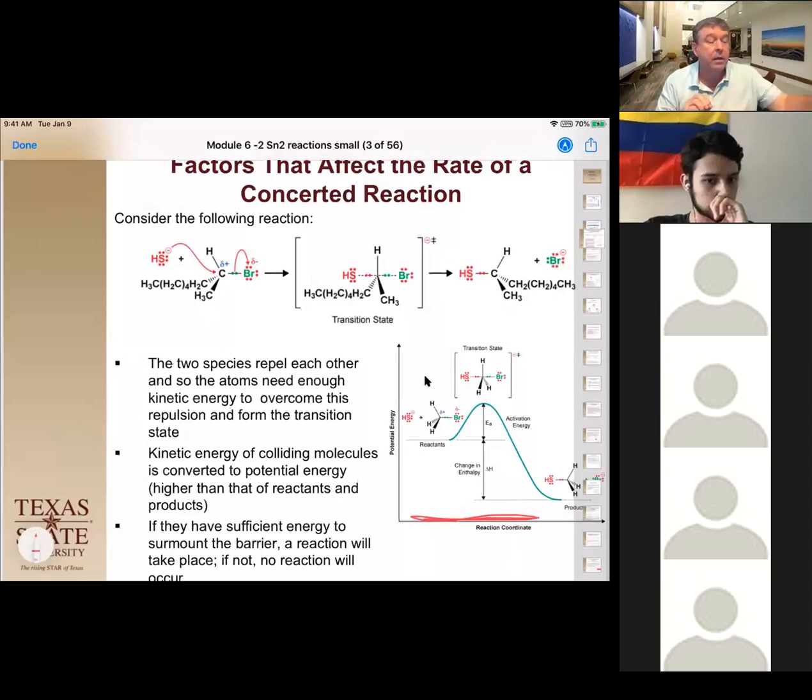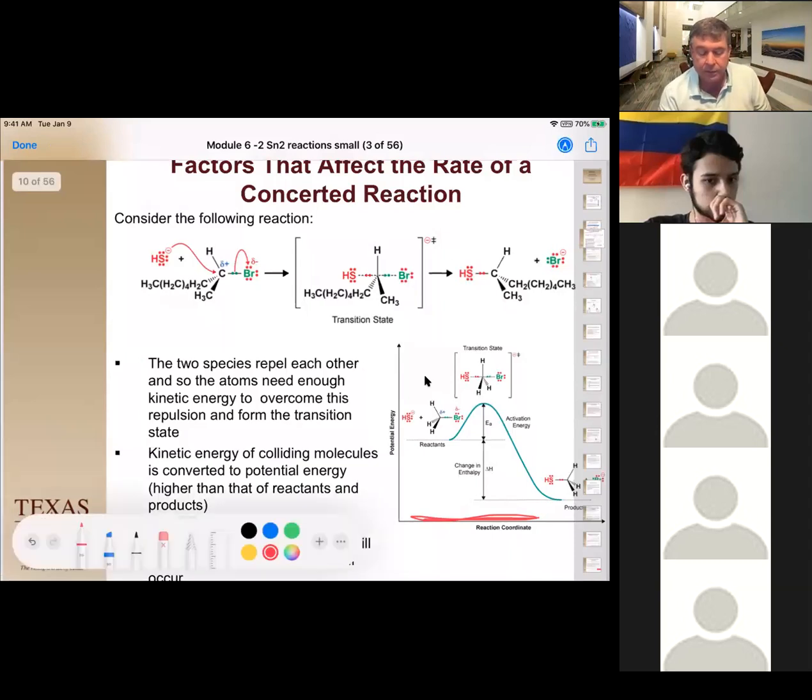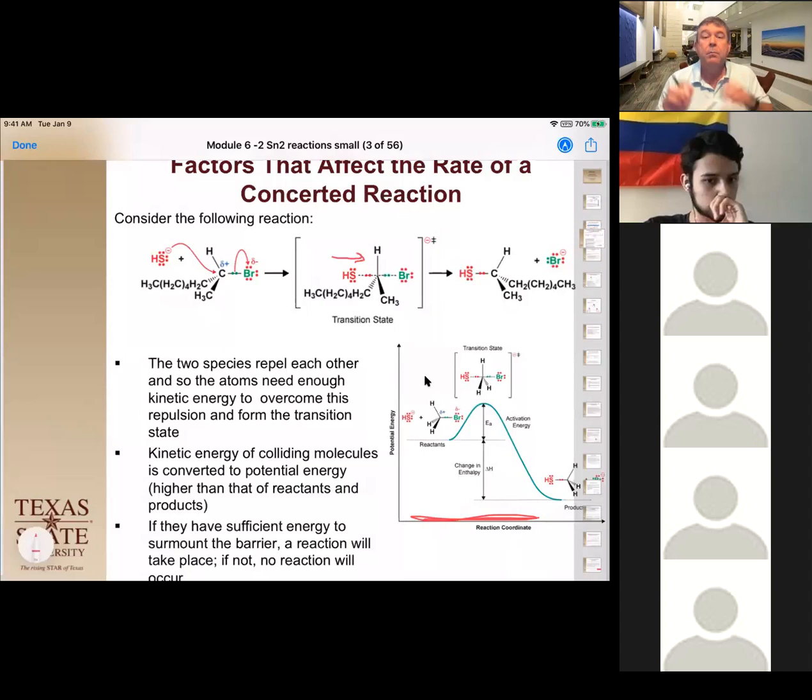Okay, notice in this transition state here, we don't really have 5 bonds to carbon. And the reason is we have a partial bond on this side and a partial bond on this side. But look what happens to the middle. The carbon in the middle now looks flat. It looks trigonal planar. It looks like it's trying to be sp2 hybridized, okay?